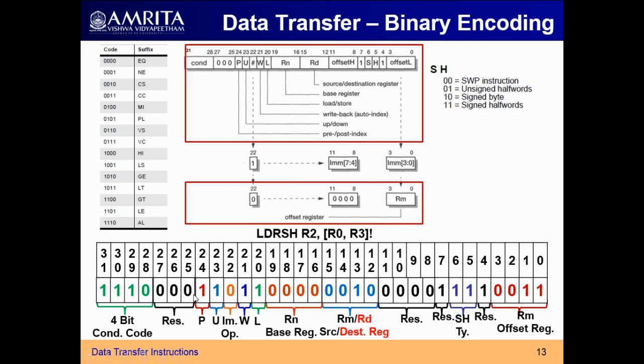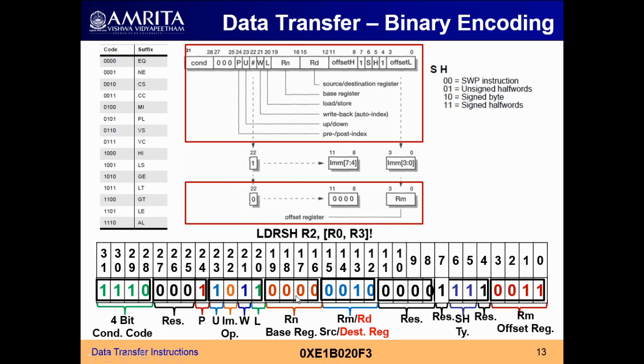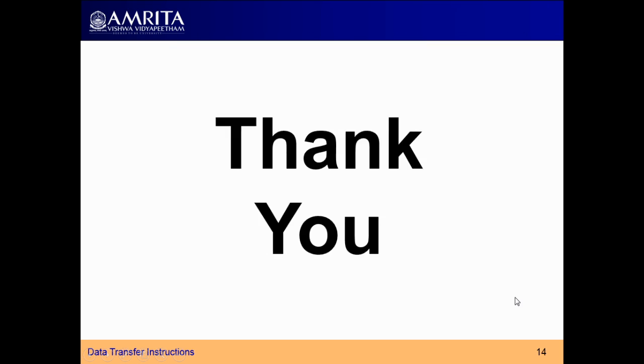Then the remaining bits will be the same as what you have seen in the previous example. So this is how you find the binary encoding for this instruction. The corresponding hexadecimal value will be E1 B0 20 F3. Thank you.